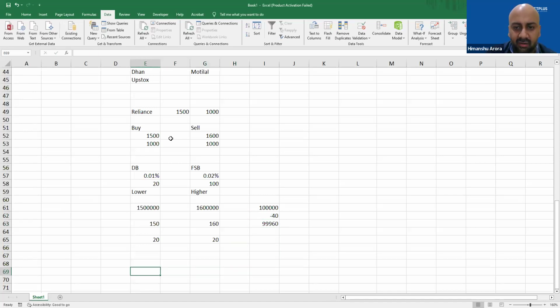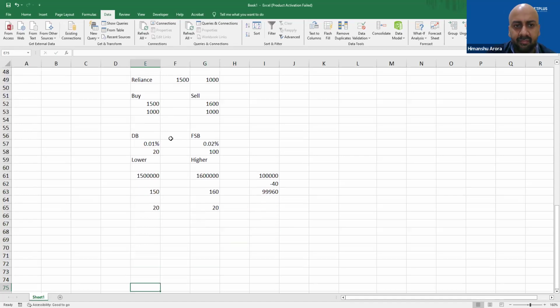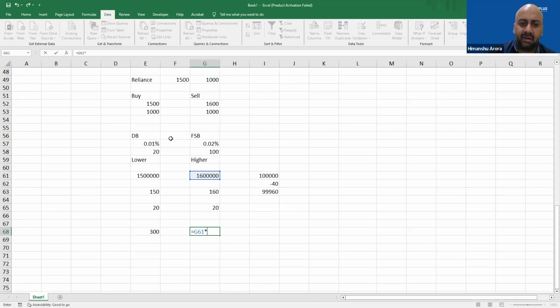While for a full service broker, let me do it here again. For a full service broker, it equals this multiplied by this, or 100, whichever is higher. So the higher is 300, and for the sell side, this multiplied by this, or 100, whichever is higher.